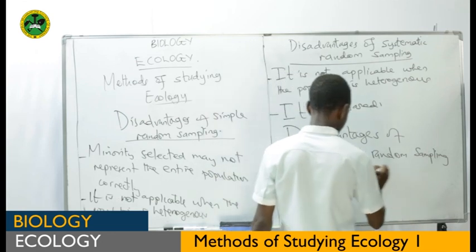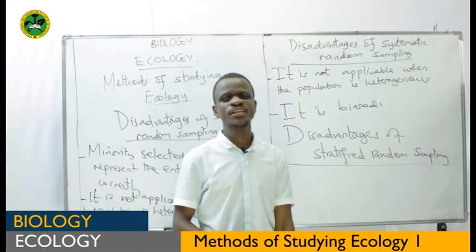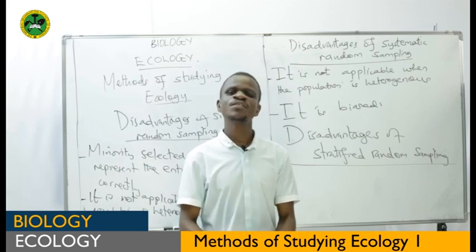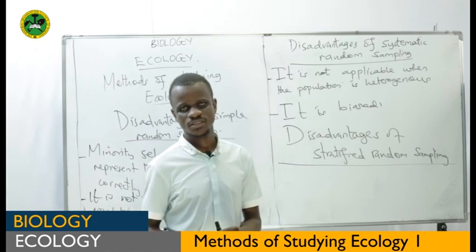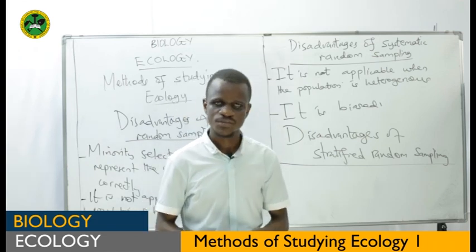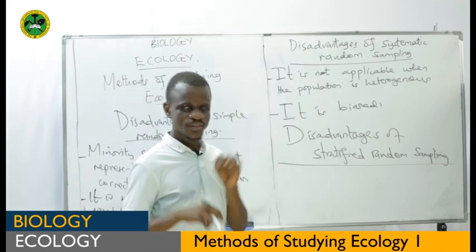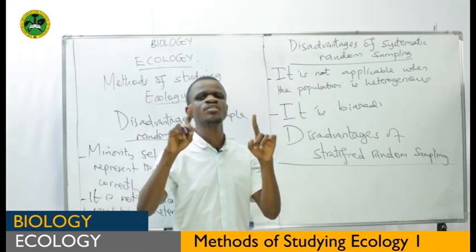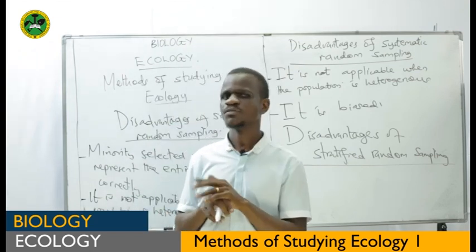As we have said, it is called stratified random sampling because the population is divided into several subgroups. Then from each subgroup, a sample is taken randomly. What are the disadvantages of this? My student, if you want to conduct this, first you must be aware of the subgroups. Therefore, it requires much knowledge.